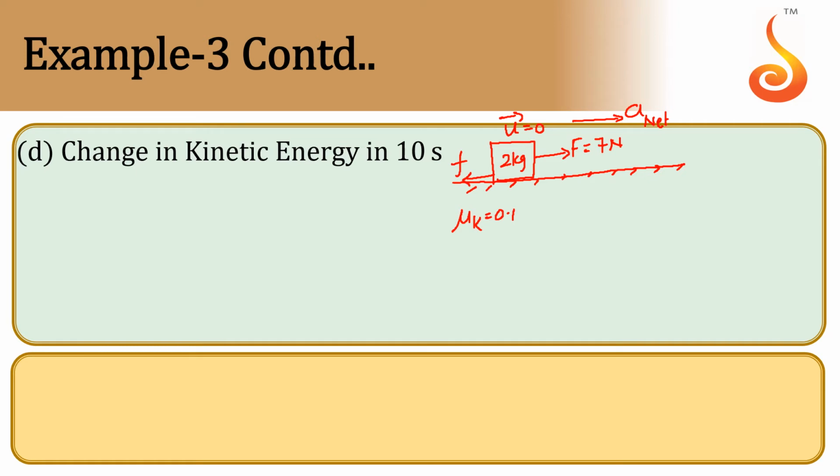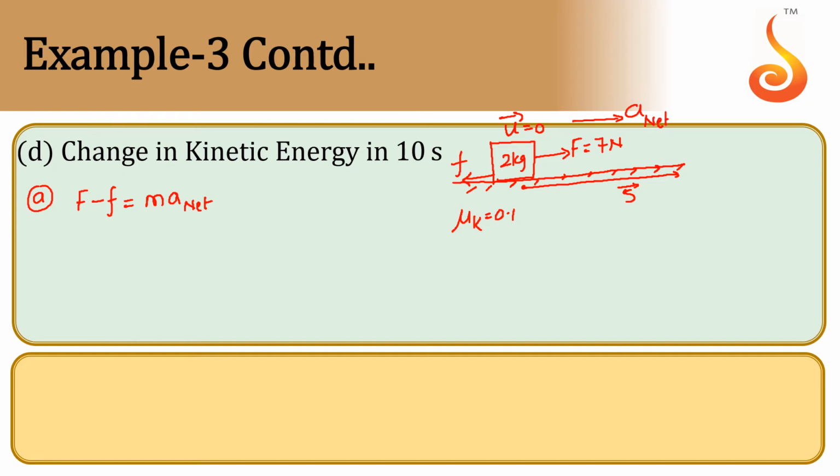Now we need to calculate the work done by the applied force. For that, we need to know the displacement the body has traveled in 10 seconds. The force that we apply minus the frictional force will give mass times net acceleration.